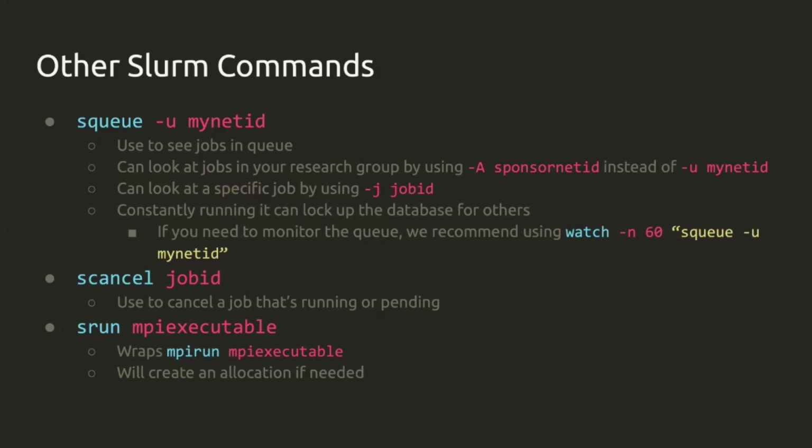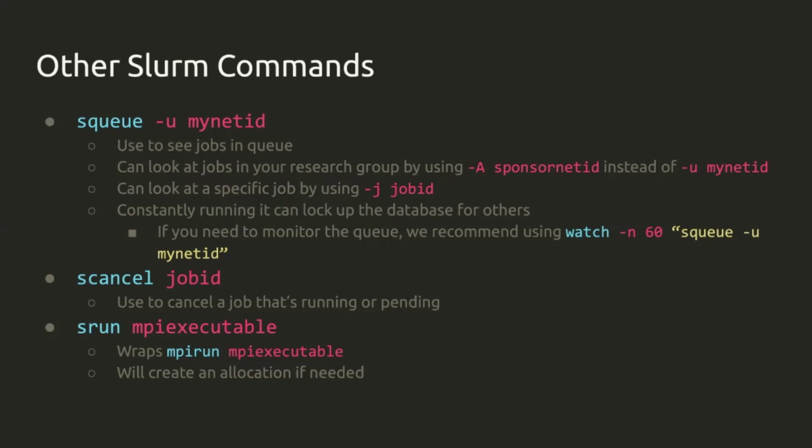Another potentially useful Slurm command is srun. For those of you who are familiar with MPI, you'll be familiar with the mpirun command, which is the launcher that'll bootstrap MPI programs and set up all the communications. srun will actually wrap mpirun, and that can be helpful if you don't want to have to figure out the exact node list you should be using. srun can talk to Slurm, and it knows exactly the nodes and everything that's been allocated, and will set that up for you.